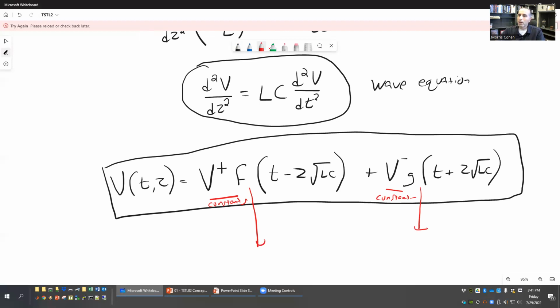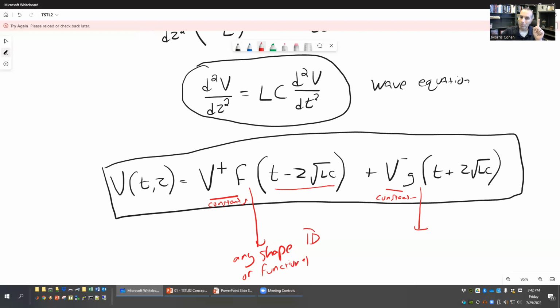It can be a sine wave. It can be a triangle. It can be a single impulse. It can be a little square pulse. It's any shape that evolves with time. This is a one-dimensional function because the argument t minus z square root of LC, even though it has both variables t and z in it, in the end is just one number.